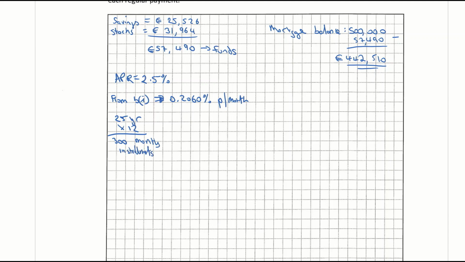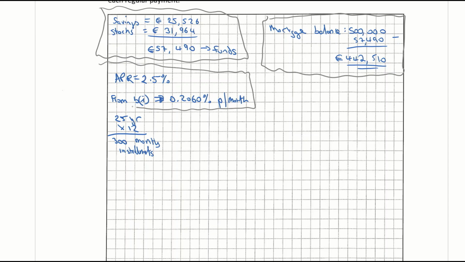So I'm basically just writing down everything we know. So this was our first part. Then we figured out how much Connor needs for his mortgage. Then we worked out his interest rate. And then we worked out how many installments he needs to make.